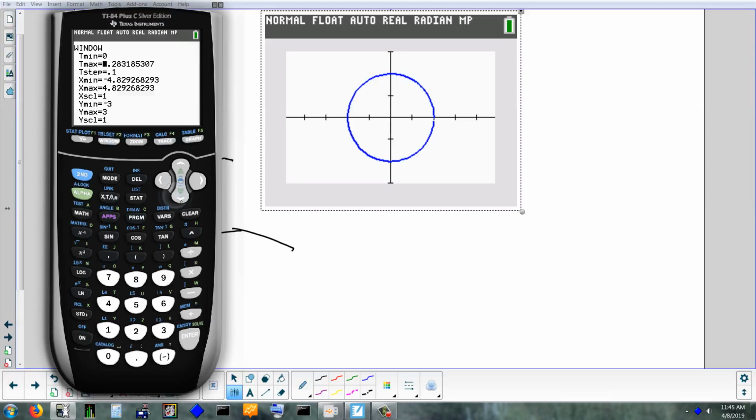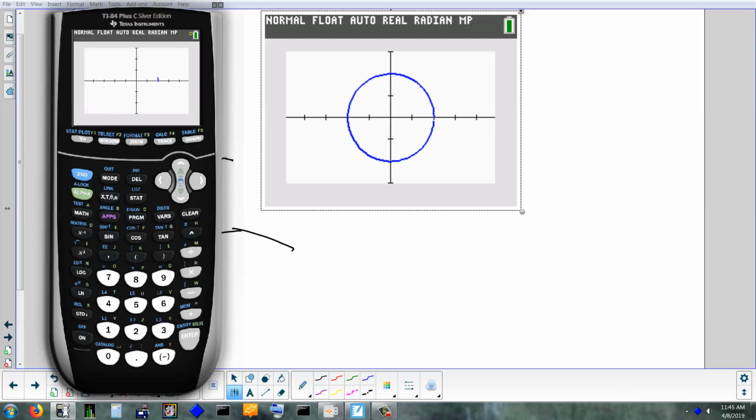But what you don't want to do is this. Okay, 0.001. What the calculator is going to do now is it's going to count from 0 to 6.28 by thousandths. 0.001, 0.002, 0.003, 0.004, all the way until it gets to the number 6.28. So now the calculator is trying to graph thousands and thousands of points.